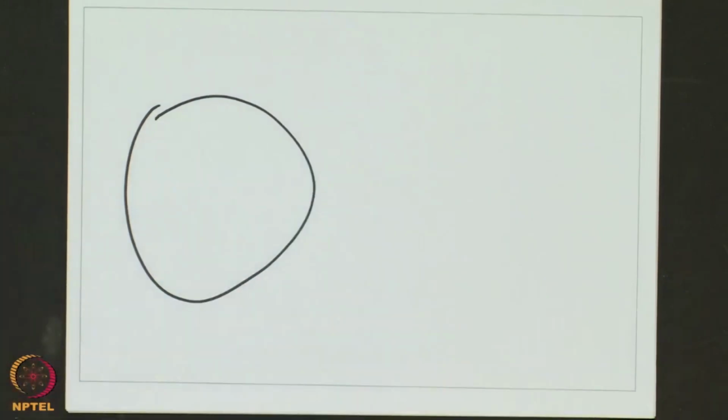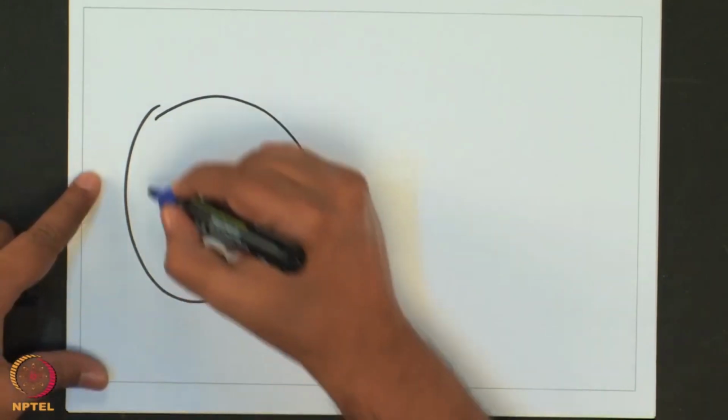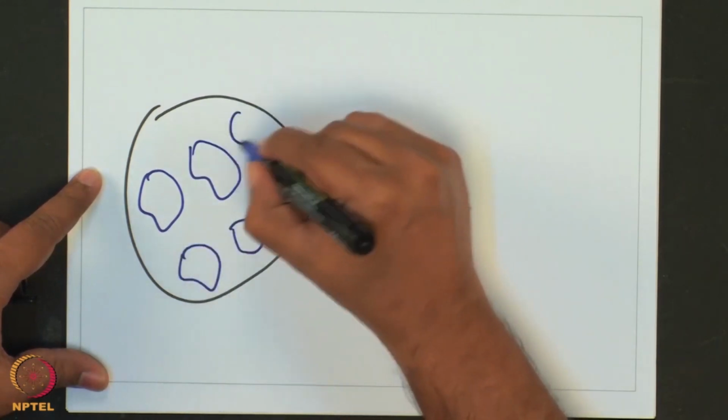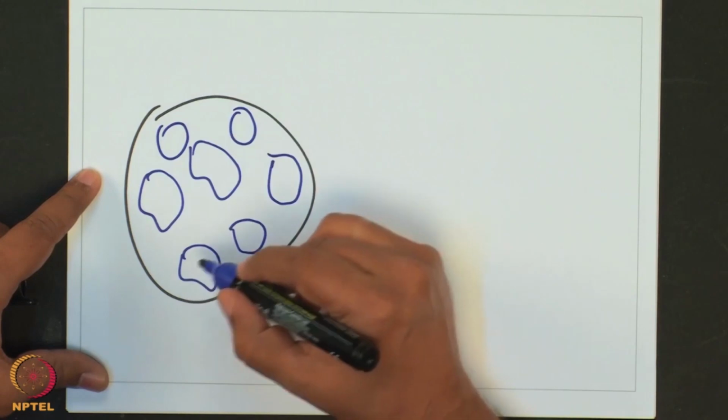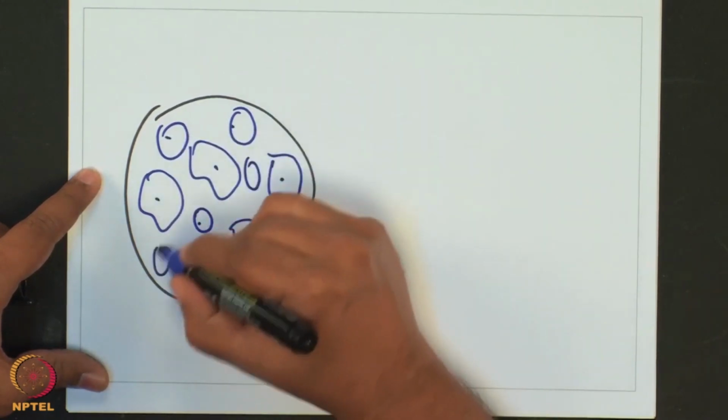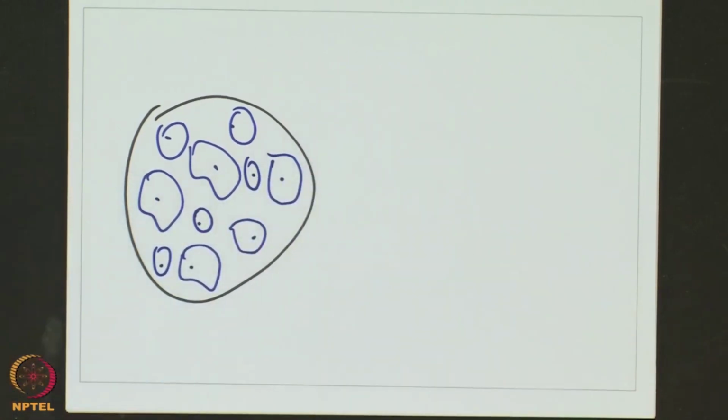To do that, let us think of some situation. You have a population of cells which you would see under a microscope. Let us say there are 10 cells: 1, 2, 3, 4, 5, 6, 7, 8, 9, 10. Or you would go to a sample where you have some number of individuals.